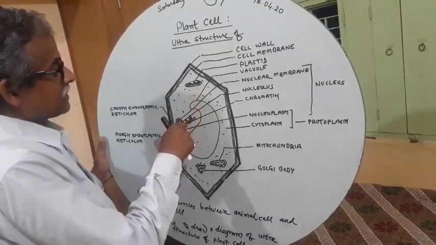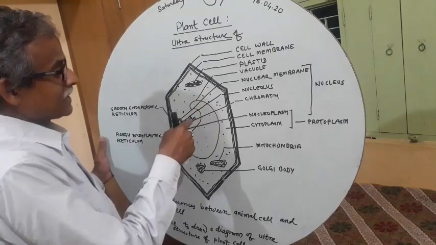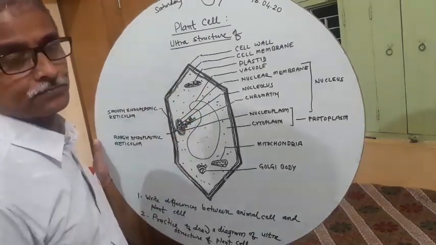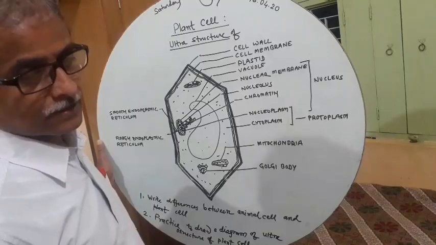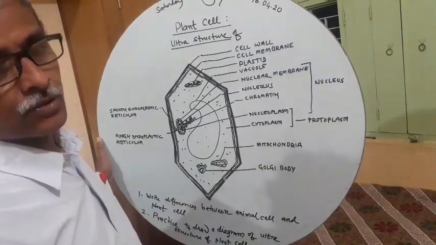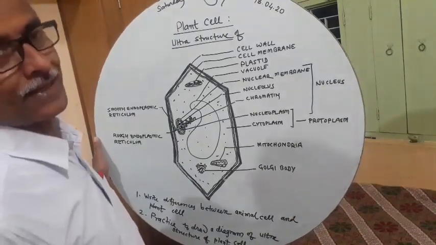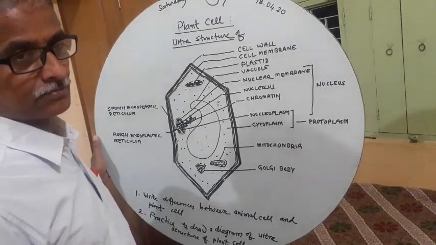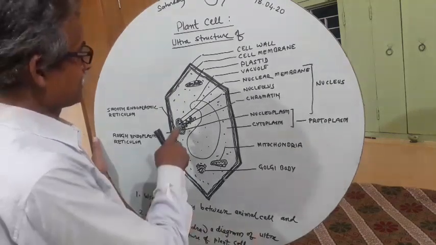In plant cell, endoplasmic reticulum is found, but it is not so developed or so large as it is found in case of animal cells.